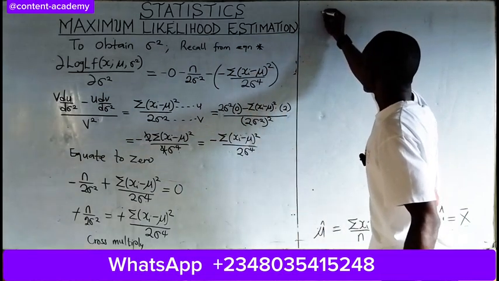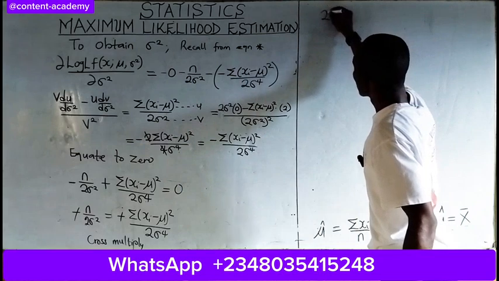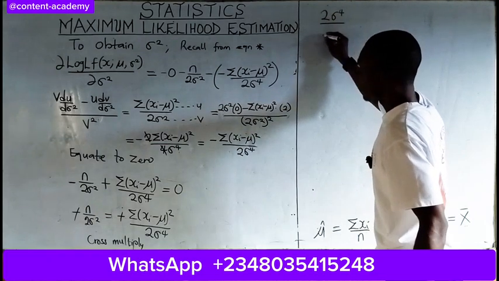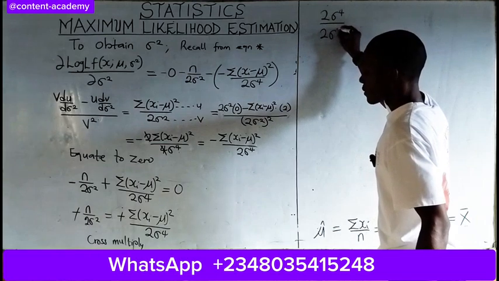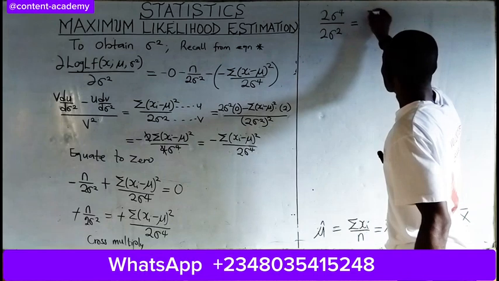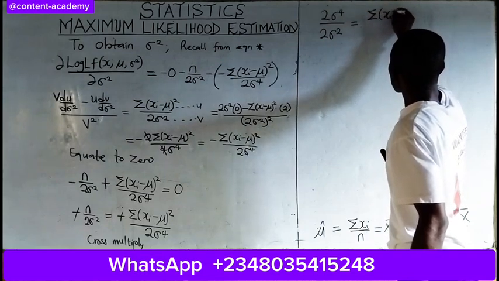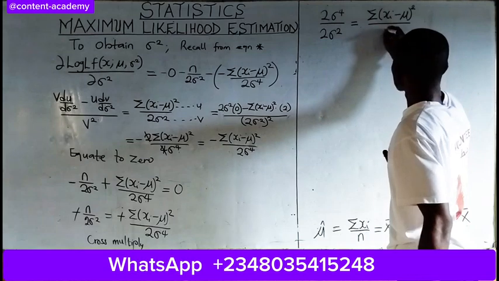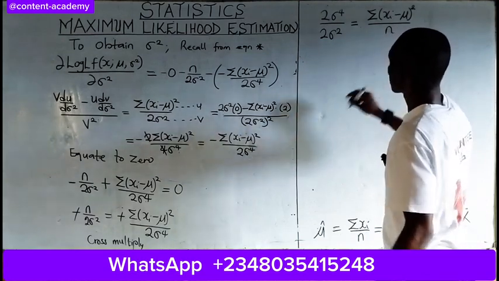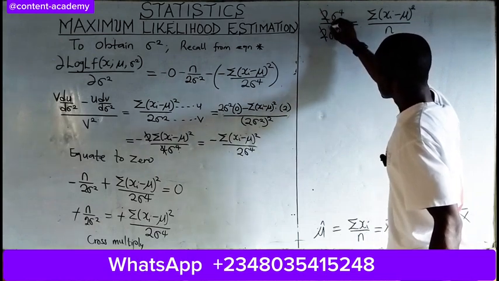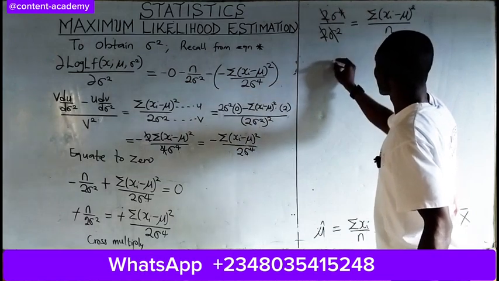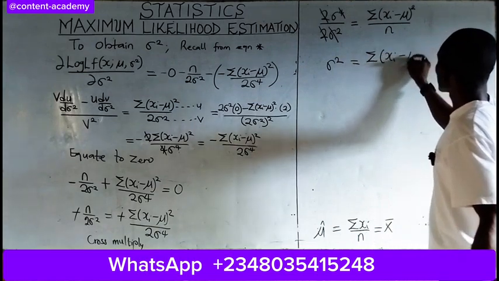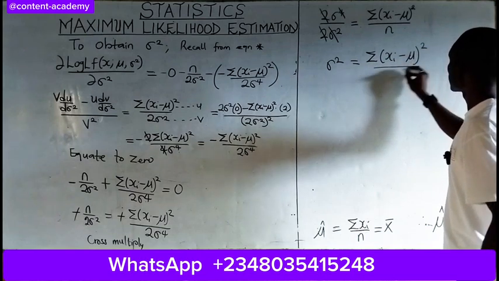So we have 2 sigma 4 all over 2 sigma 2 is equal to summation of (xi minus mu) all squared all over n. We cross multiply, this is what we get. So 2 will cancel this. This sigma will cancel this to give us sigma squared to be equal to summation of (xi minus mu) raised to the power of 2 all over n.